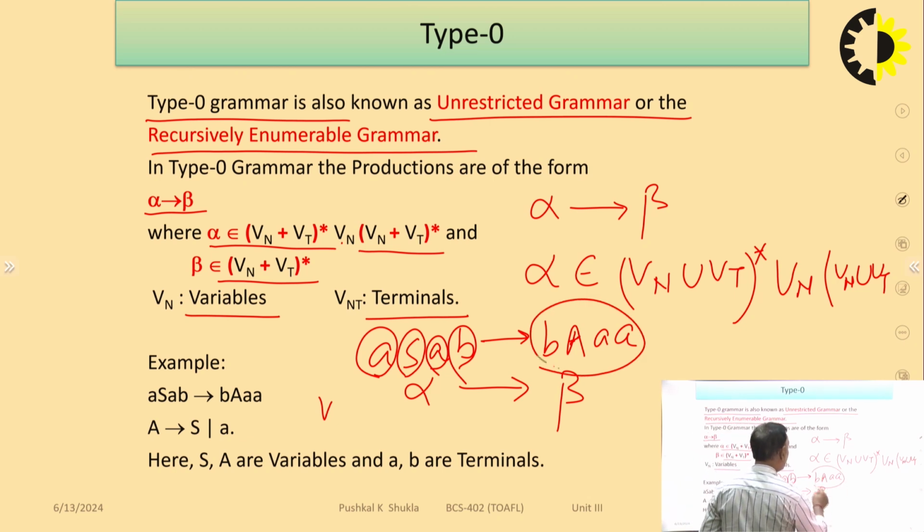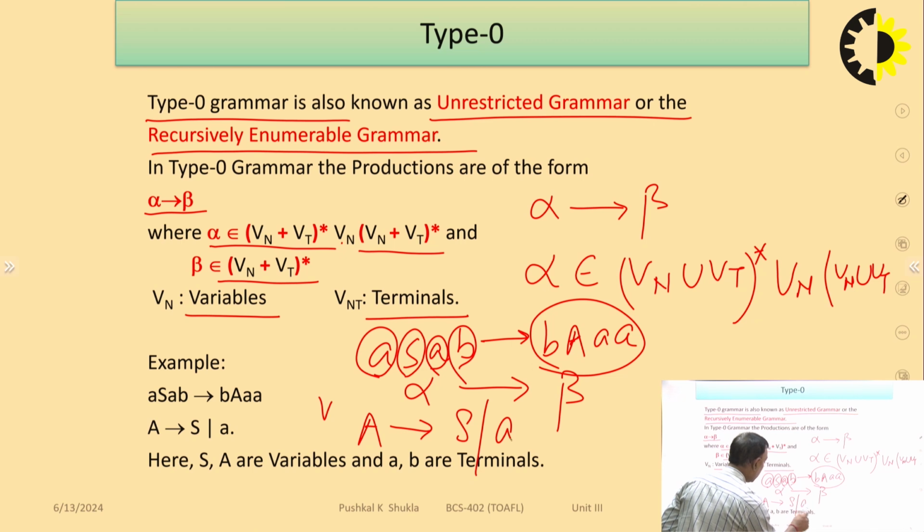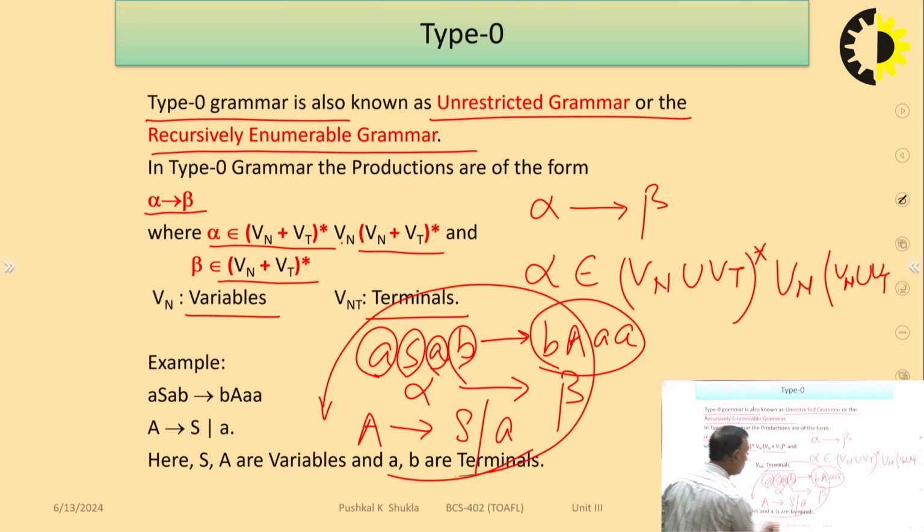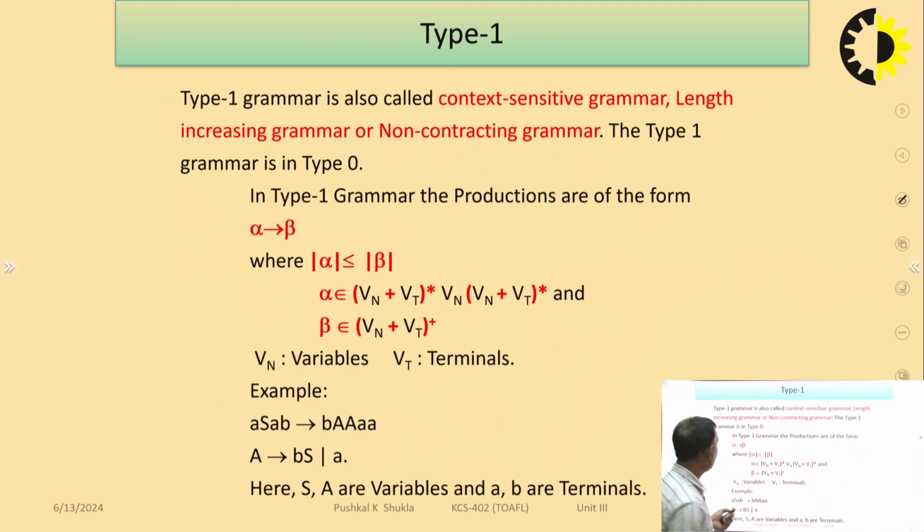Beta is (Vn union Vt)*, so it may be epsilon. (Vn union Vt)* means it can be epsilon. Like A equals S or A. All this type of production comes under type 0 grammar, and it is accepted by the Turing machine. There is no restriction in the production rules. We can write like this.